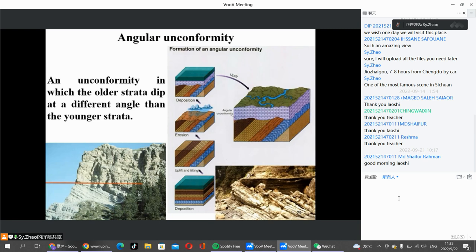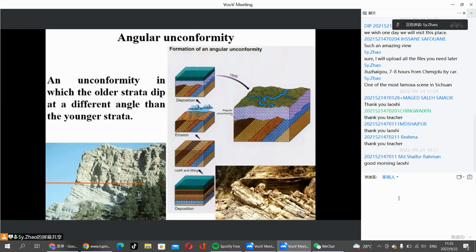So finally, such an angular unconformity is produced by the uplifting, tilting, and erosion, and the final deposition again. So such an unconformity in which the older stratum dips at a different angle is formed.